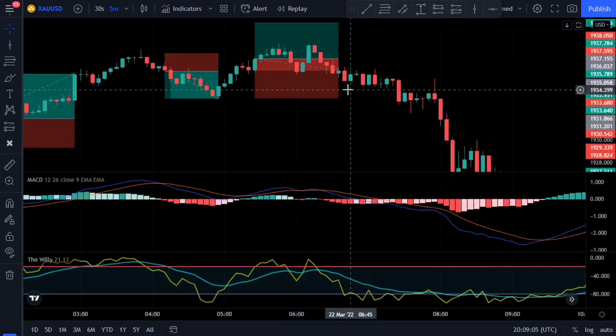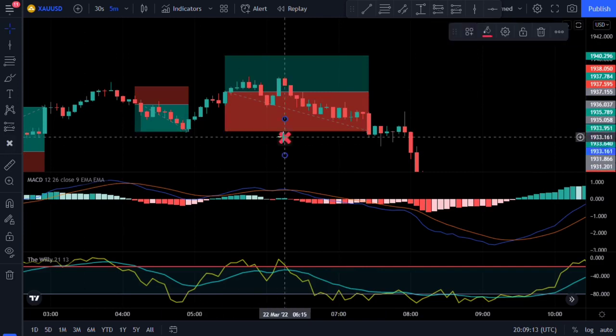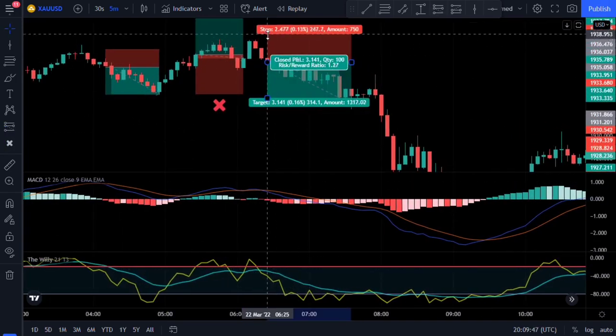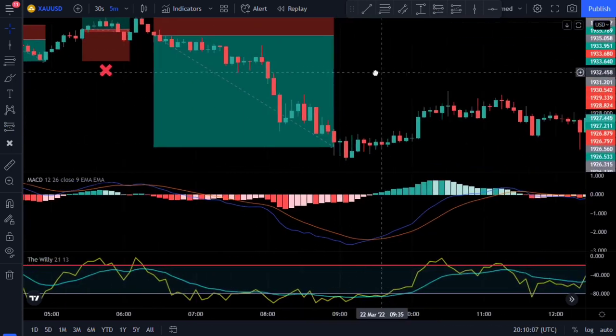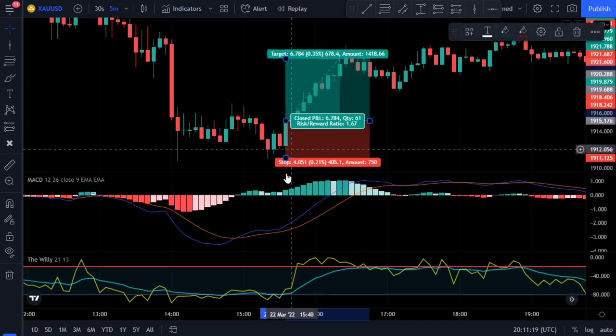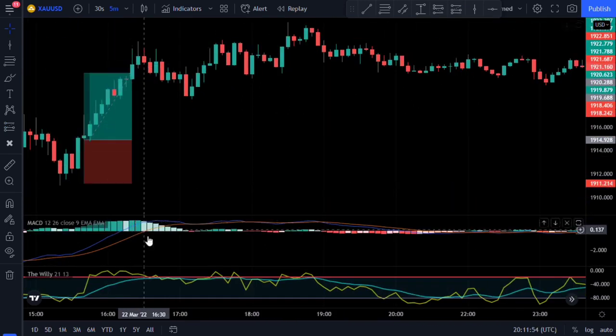You see, there is still an error in the indicators, but by adding the next indicator, these errors will be fixed. Let's add the next indicator to the chart.